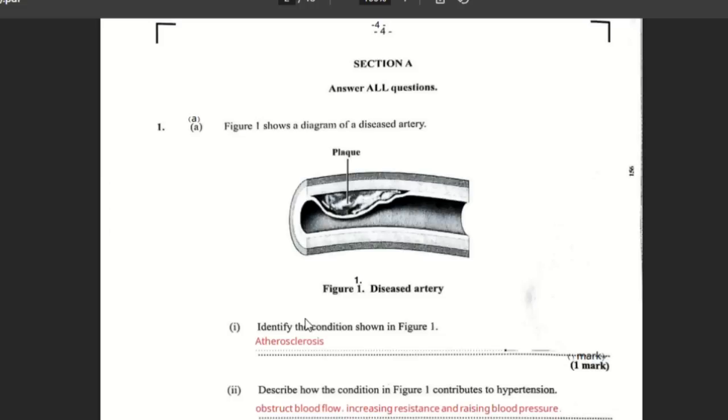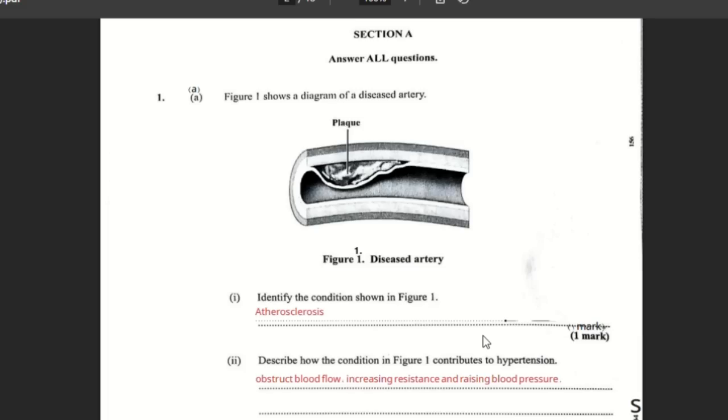It causes diseased arteries, where we have plaque building up. Naturally the blood is supposed to pass through, right? Because an artery is a blood vessel. Now when you have this plaque, it's blocking the blood flow and can lead to this disease. So this would be the answer for number 1.